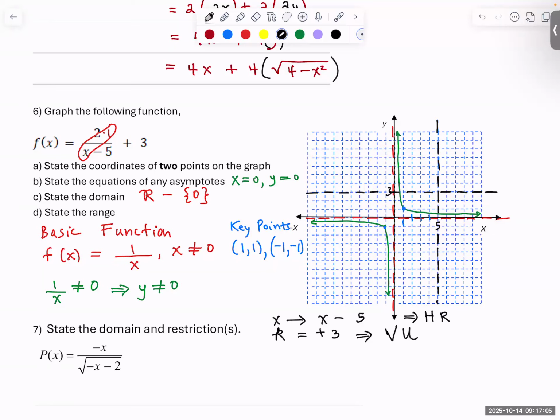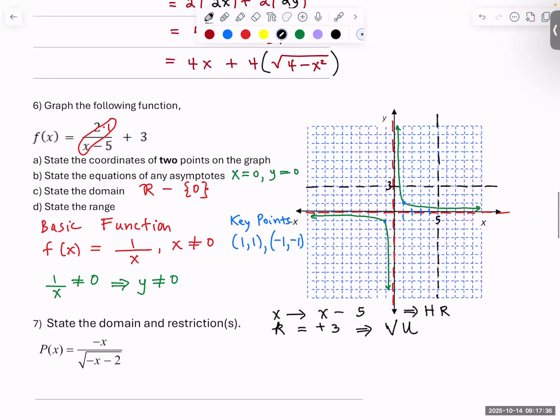Now the two original key points centered around the intersection of the asymptotes, they're going to translate or move as well. And to find them, we want to let x be 4, makes an easy calculation, right? In the denominator, 4 minus 5 is -1, and pick x equals 6. Those are the two values we want to choose.